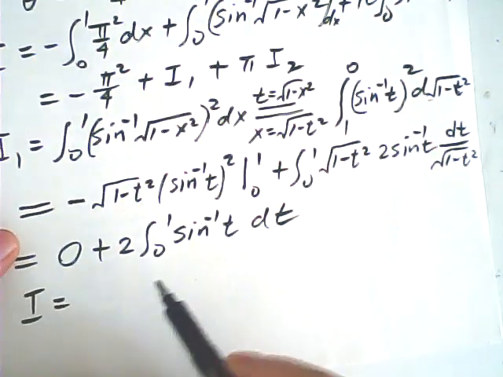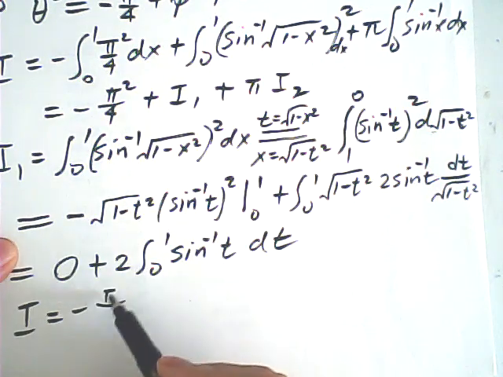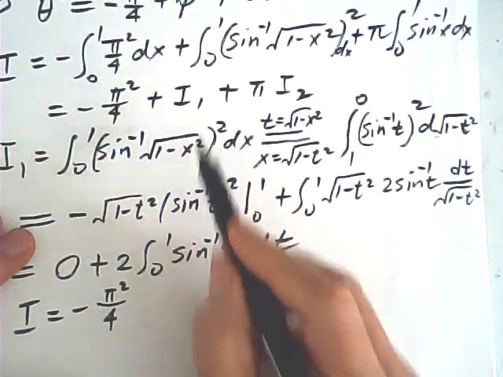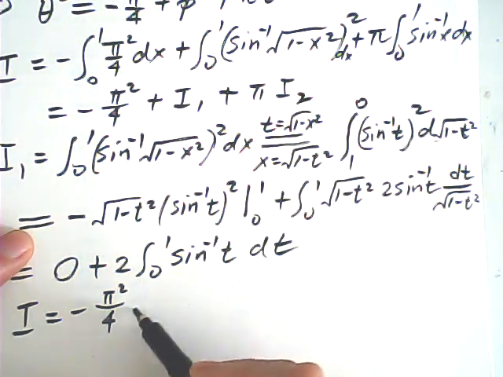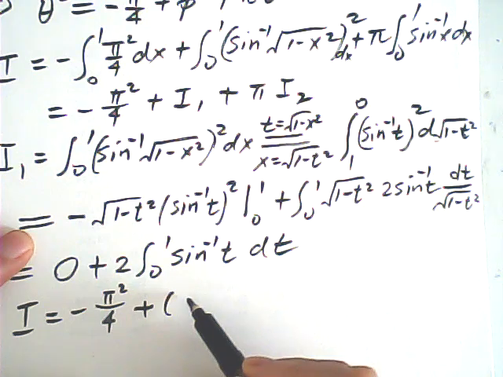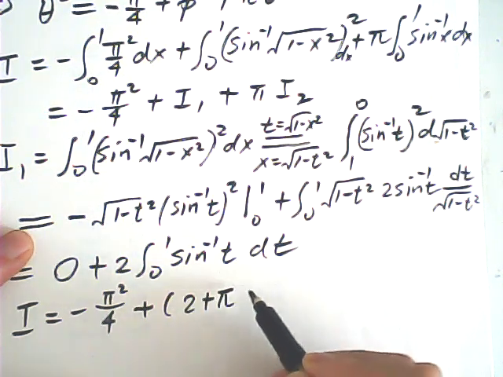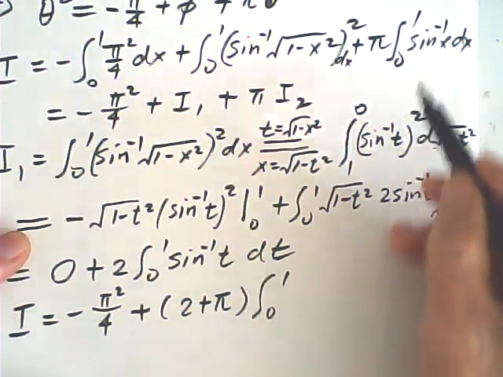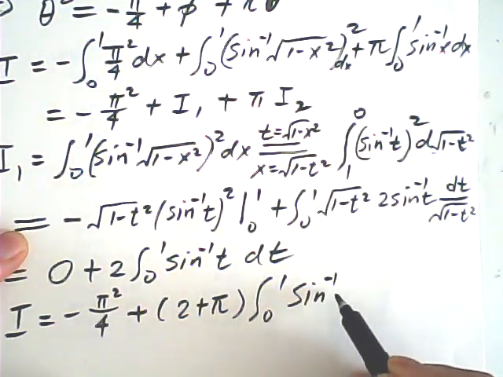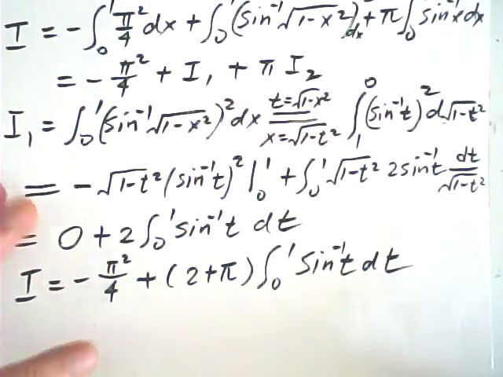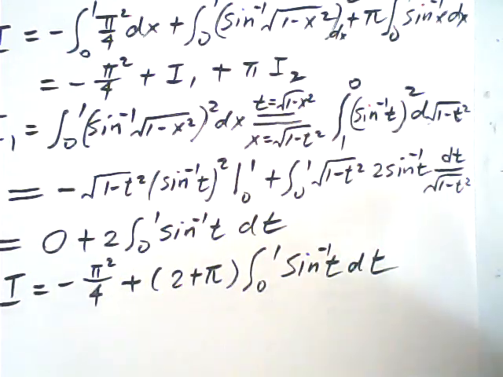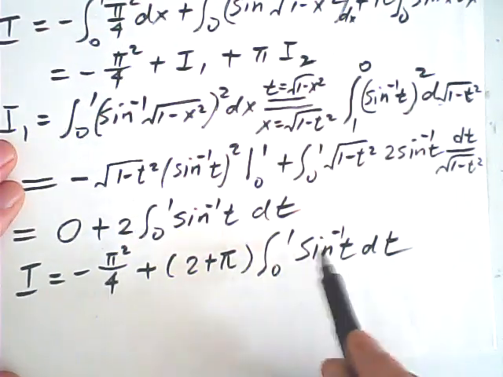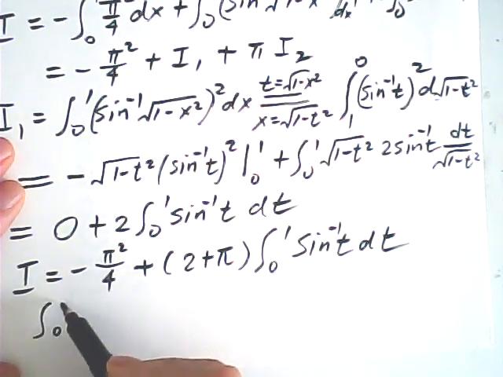Therefore, I is equal to negative quarter pi squared, this one and that one combined, becomes 2 plus pi times the integral from 0 to 1 of arcsine t dt. Well, t and x are just dummy variables. That one's easy.